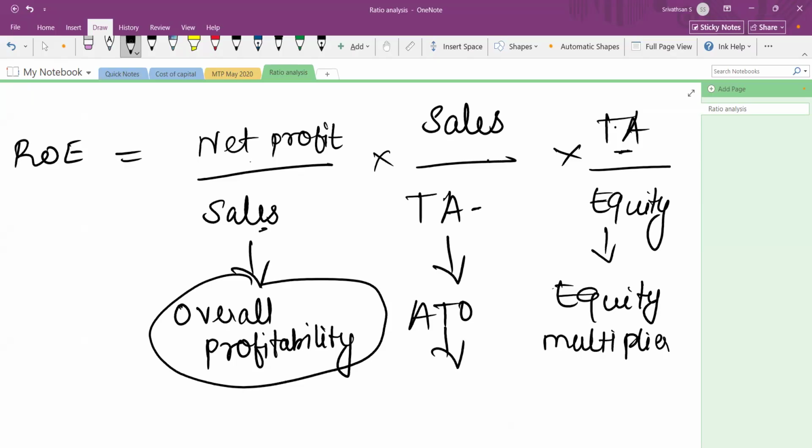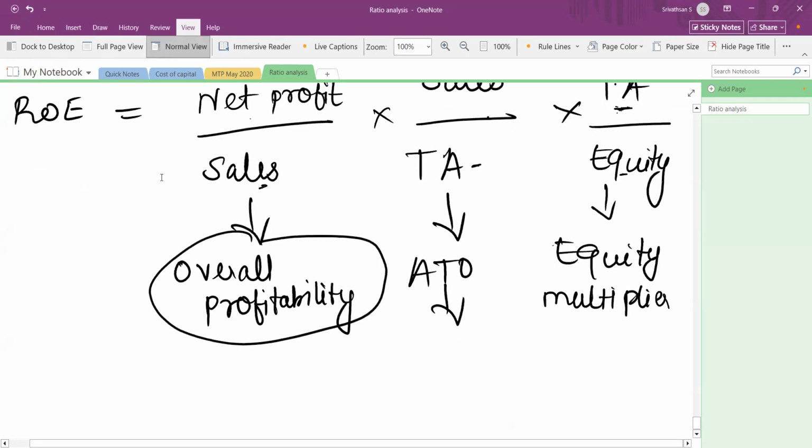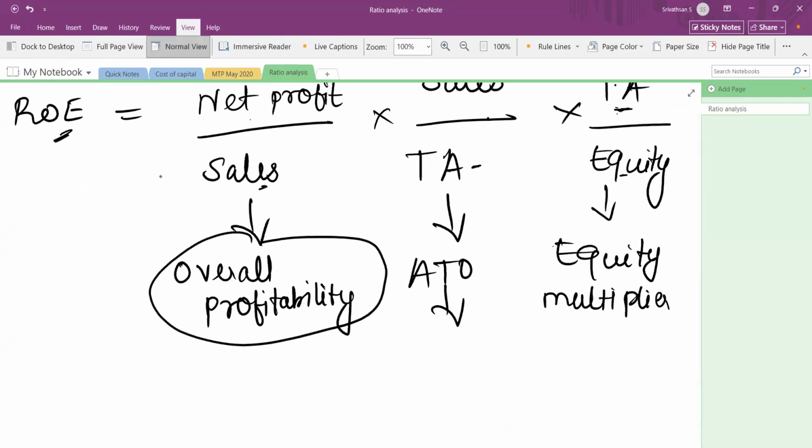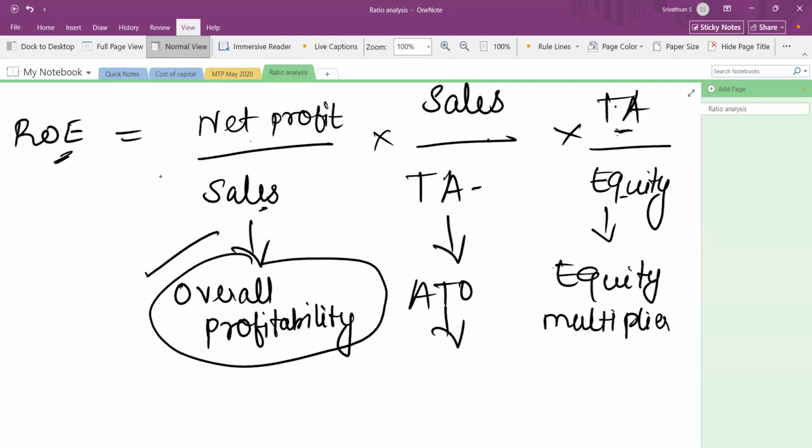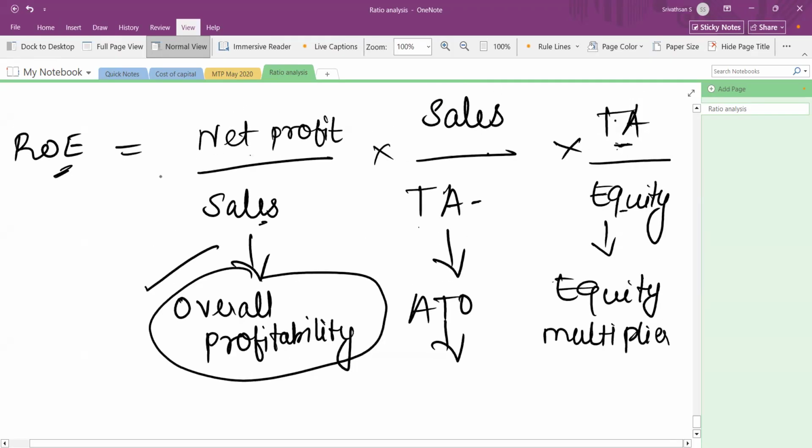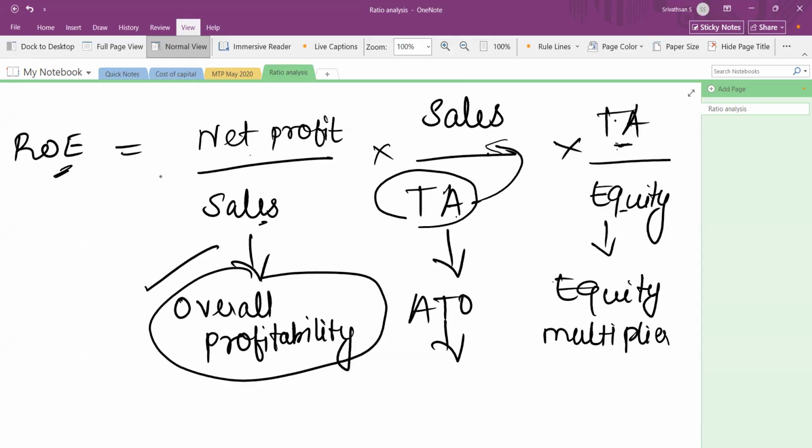Clear? Now listen, the DuPont model says a company can generate more return for its equity shareholders if it has higher overall profitability, if it makes efficient use of total asset for generating sales, and if it uses debt in the capital structure.